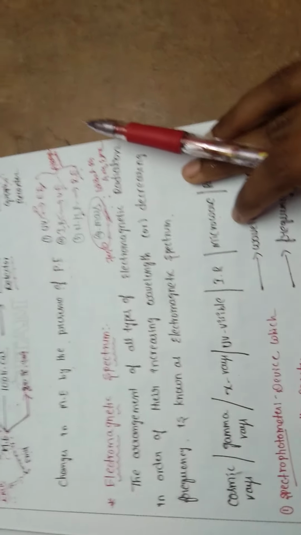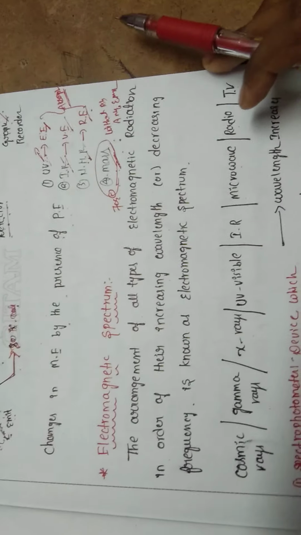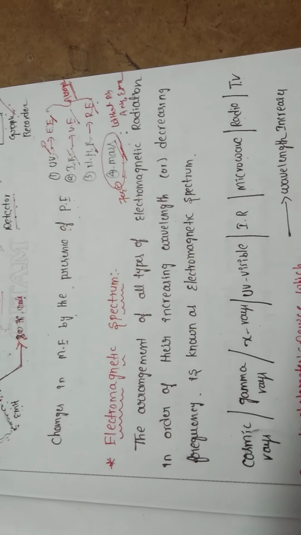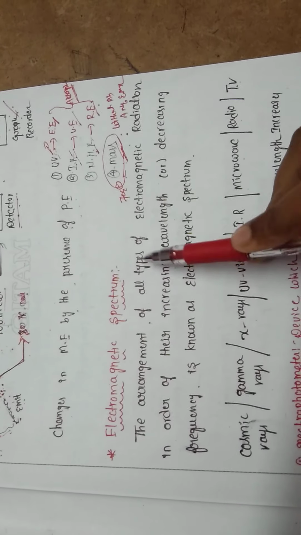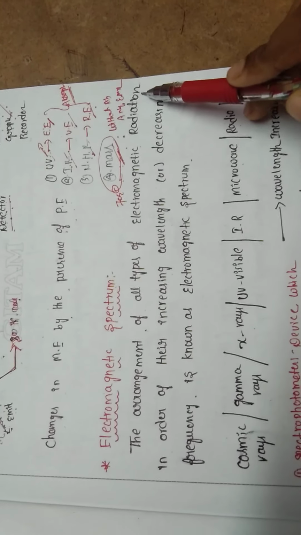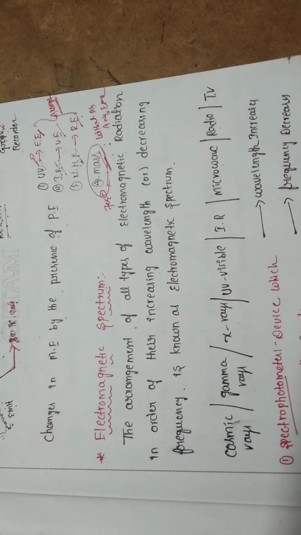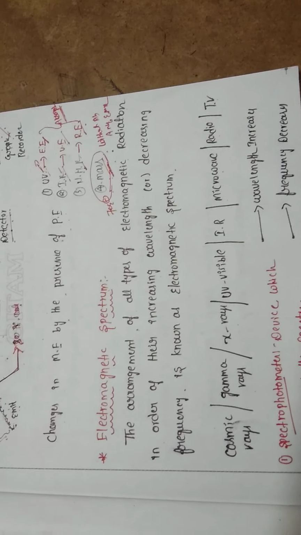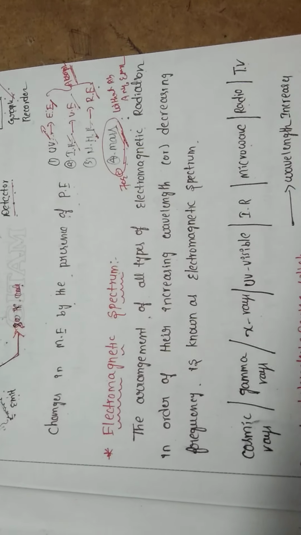Coming to the next one, what is the electromagnetic spectrum, very important in spectroscopy. The electromagnetic spectrum is the arrangement of all types of electromagnetic radiation. We know cosmic rays, gamma rays, x-rays, visible, IR, microwave, radio waves, TV waves; there are lots of rays you already know.